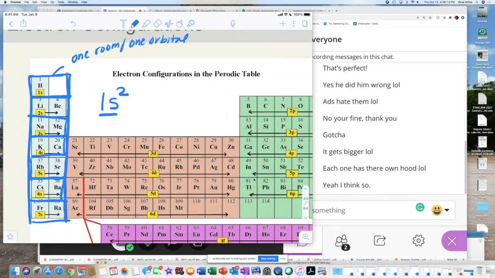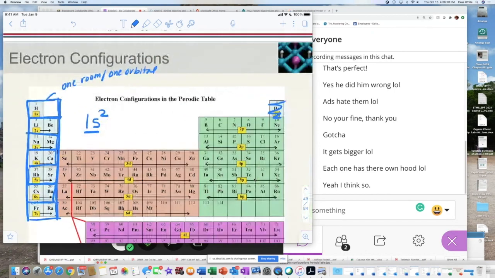As I block out 2 elements, they become roommates in the same room. So hydrogen and helium room together, and over here, boron and carbon room together, nitrogen and oxygen room together, fluorine and neon room together.